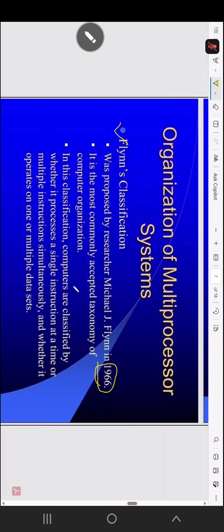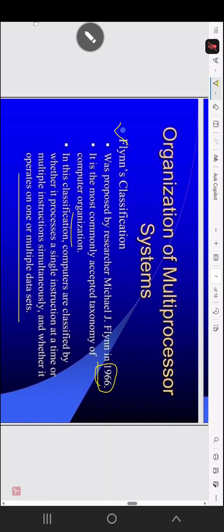It is the most commonly accepted taxonomy of computer organization. In this classification, computers are classified by whether they process a single instruction at a time or multiple instructions simultaneously, and whether they operate on one or multiple data sets.